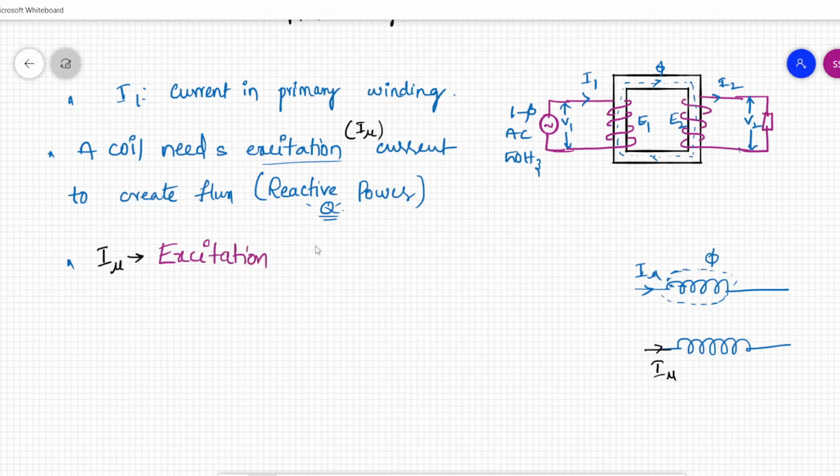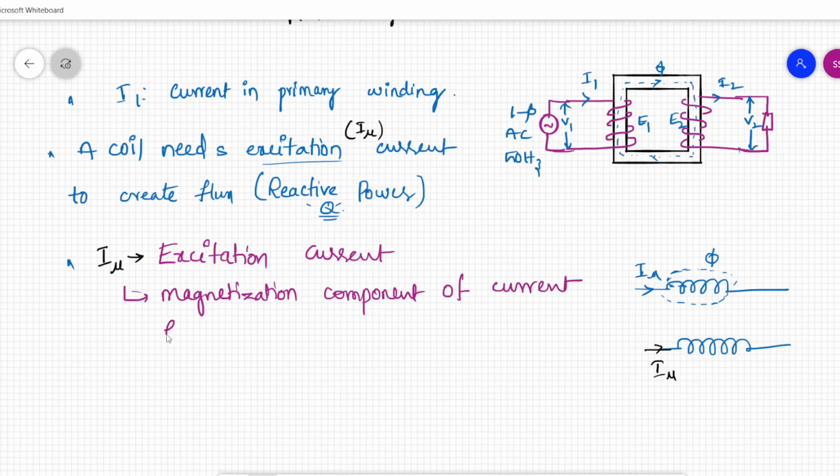As we are giving AC current, this is also AC current. I mu is the magnetization component of current for creating the flux in the core.